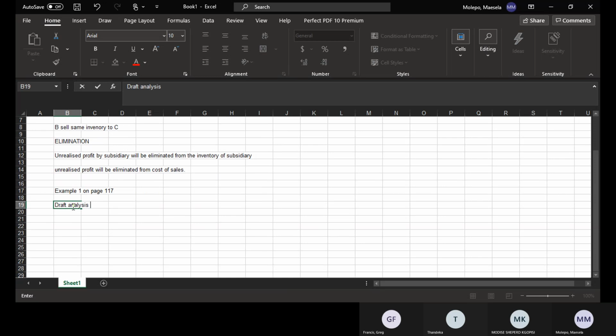Analysis of shareholders. First, let's check: is the parent selling to the subsidiary? Then the assumption is that the subsidiary will sell the inventory to a business outside the group.